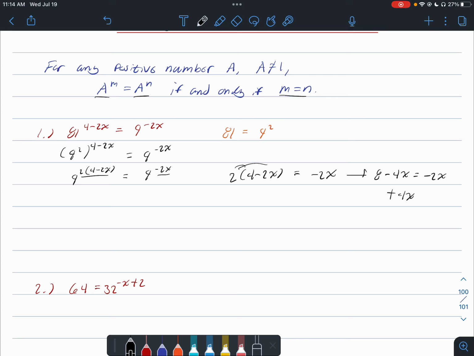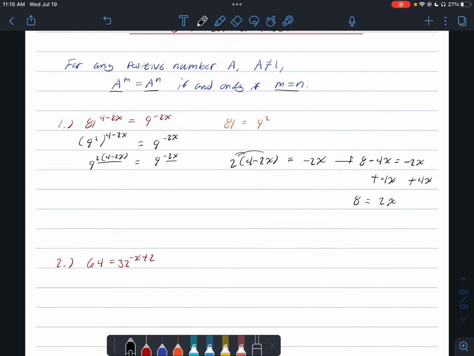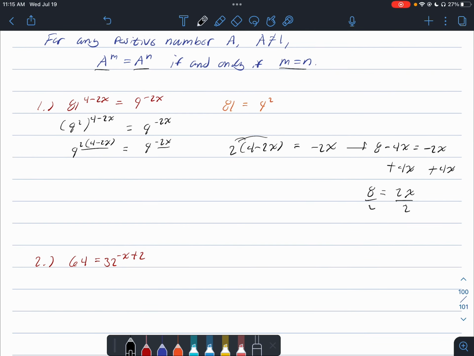So we can add 4x to both sides, and we get 8 is equal to positive 2x. So we can divide both sides by 2, and we get that x must be equal to 8 over 2, which is equal to 4.